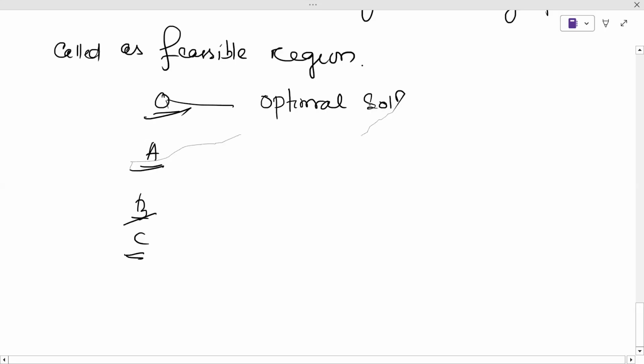So clearly remember here, any point O, A, B, C gives the optimal solution. Then it is called the optimal solution or feasible solution.